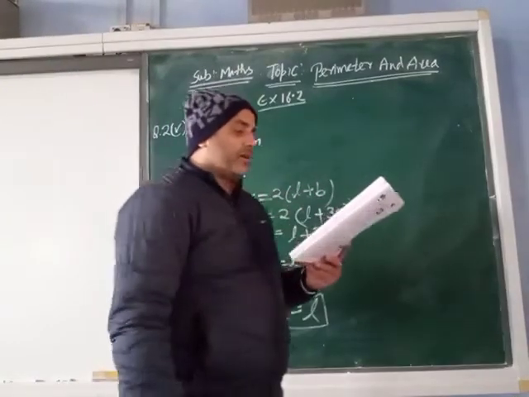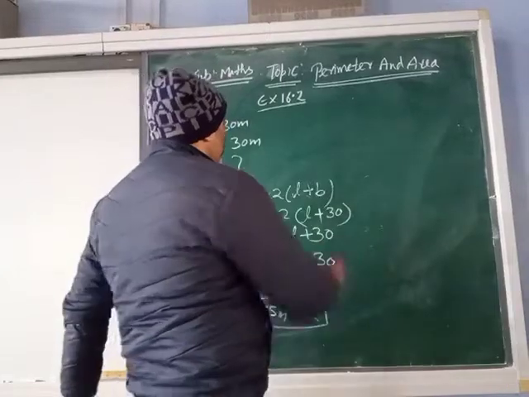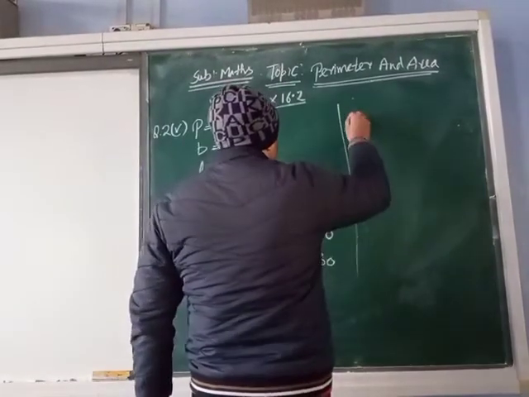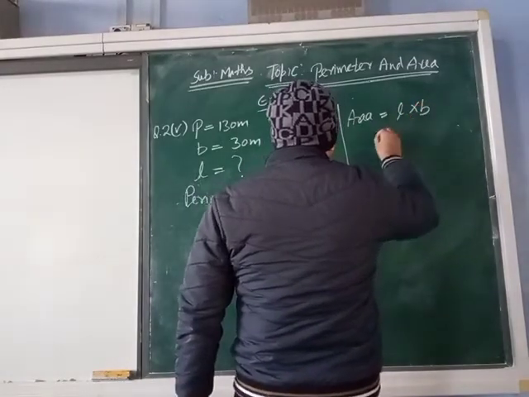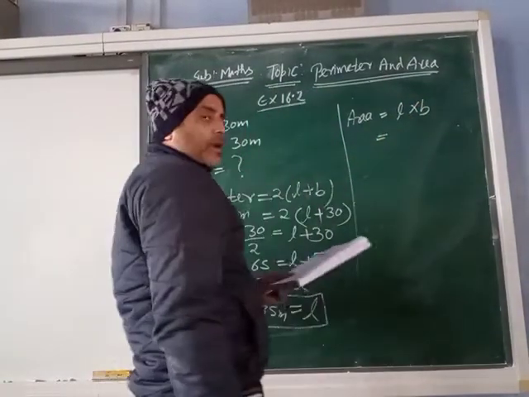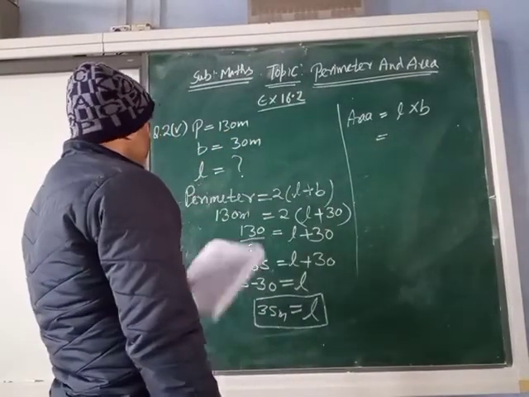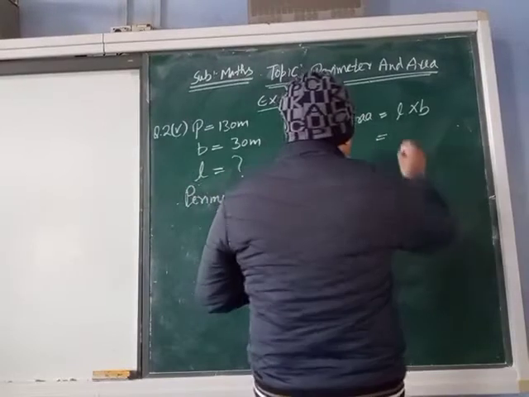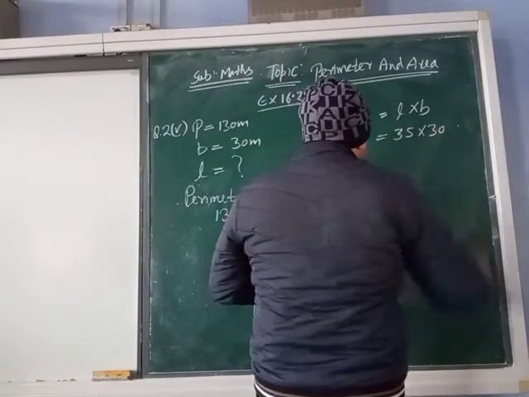Now, the other question is: what is the area of the rectangle? You know, area is L into B, and the length is 35 meter and the breadth is 30 meter. Length 35 multiplied by 30.